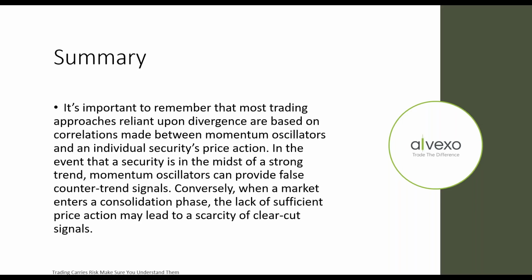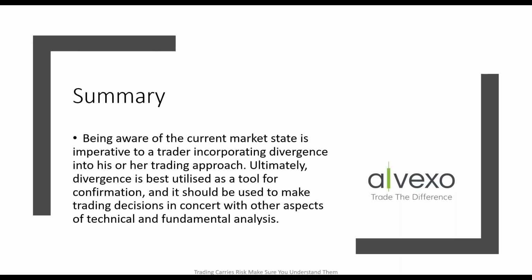In the event that a security is in the midst of a strong trend, momentum oscillators can give false counter-trend signals. Conversely, when the market enters a consolidation phase, the lack of sufficient price action may lead to a scarcity of clear-cut signals. Being aware of the current market state is imperative to a trader incorporating divergence into their trading approach.